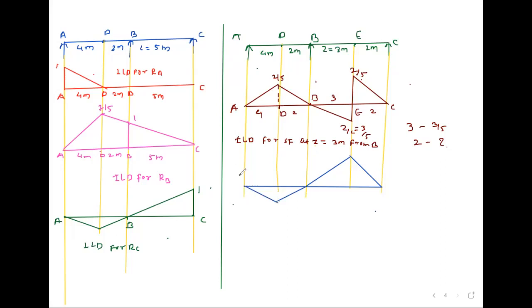So this is the ILD for bending moment. This is B point. Here, calculate this value. Z in bracket L minus Z divided by L. And here C point, this is E point, this distance is 2 meter, 3 meter. This distance is 2 meter, this distance is 4 meter.